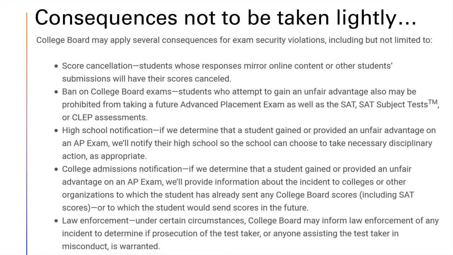That means SAT. Or to which the student would send scores in the future. This is game over for your future in higher education, y'all. It'll take a lot to appeal, to get it removed, whatever. That's going to take time and it's going to take a lot of money. So again, that one is the most severe. Again, game over for your future in higher education.